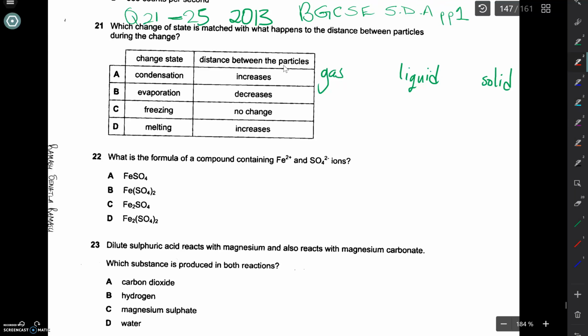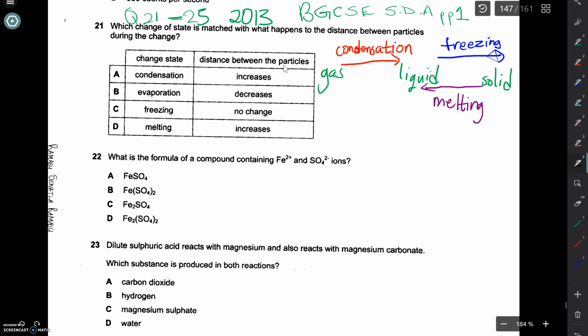So when a substance changes from a gas to a liquid, this is condensation, right? And when a liquid changes to a solid, this is freezing. And when a solid changes to a liquid, this is melting.